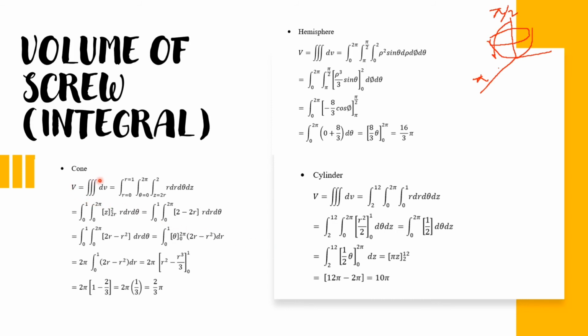So for the cone, the radius is 0 to 1, theta is 0 to 2 pi, and z goes from 2r to 2. This is because the radius of the cone is 1 and the height is 2, so I got 2 over 1 r. That's why I got 2r.